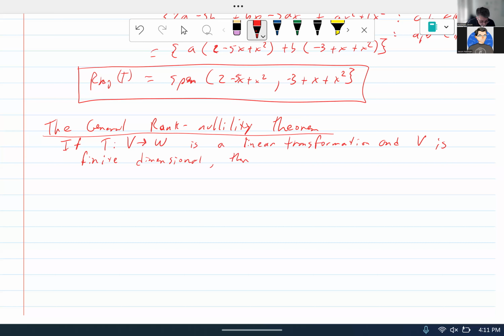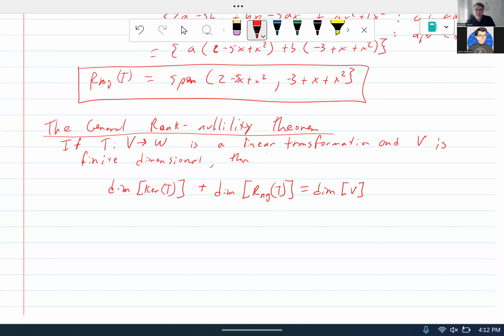we can say that the kernel, which is the null space, the dimension of the kernel of T, plus the dimension of the range of T, which, if it was a matrix, would be my column space of A, is equal to the dimension of V, which if this was a matrix, would be my rank.